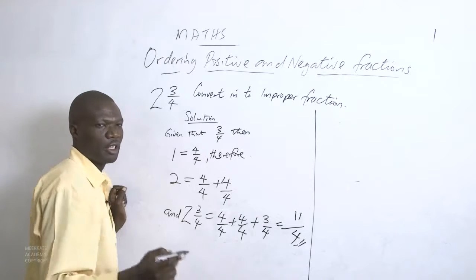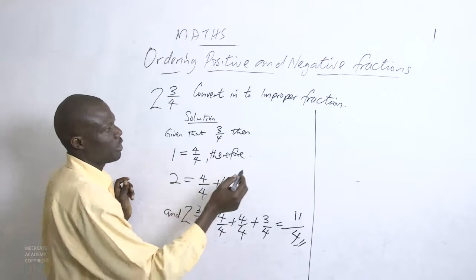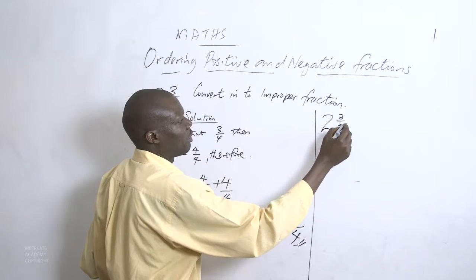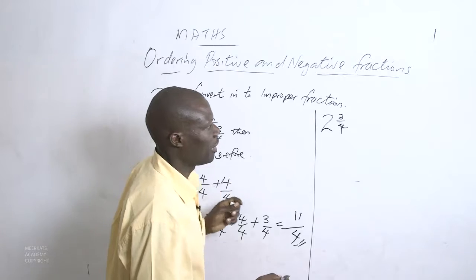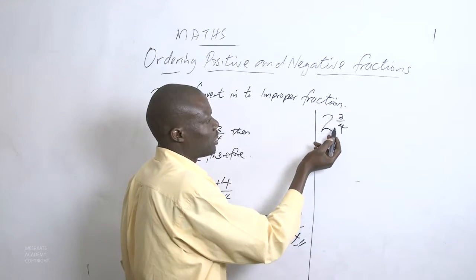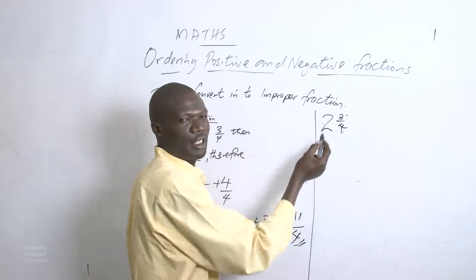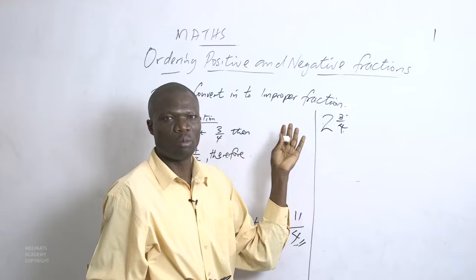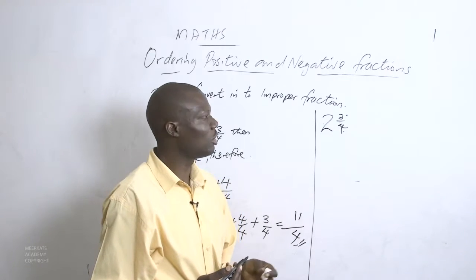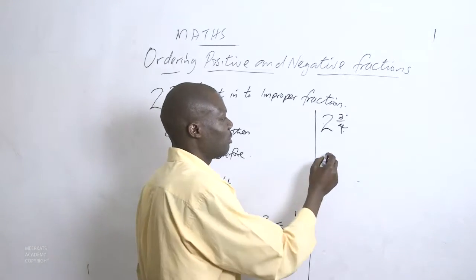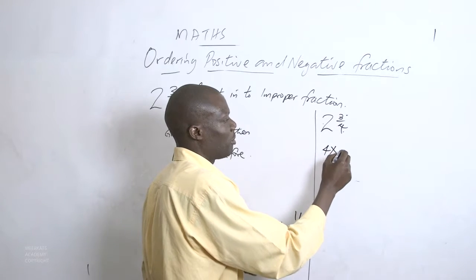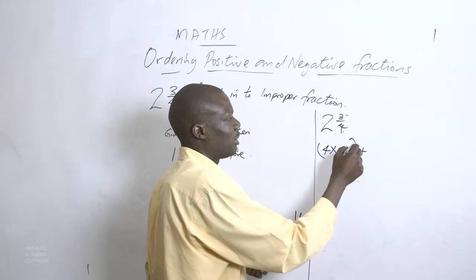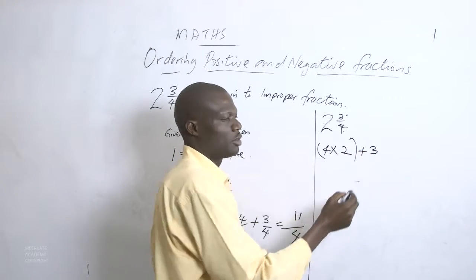Supposing we used the second method. We want to convert 2 and 3 over 4 into an improper fraction. This one is straightforward. This is the denominator, this is the whole number, and this is the numerator. We take the denominator, which is 4, multiply by the whole number, which is 2, and add the numerator 3.